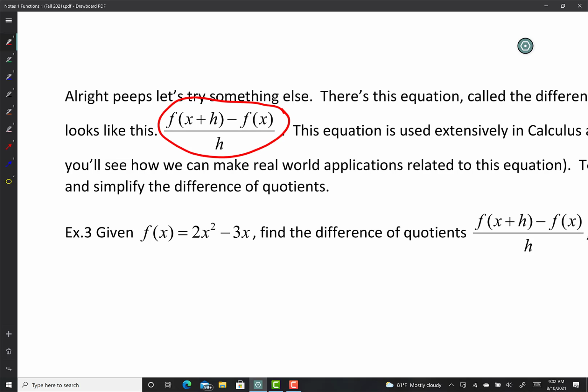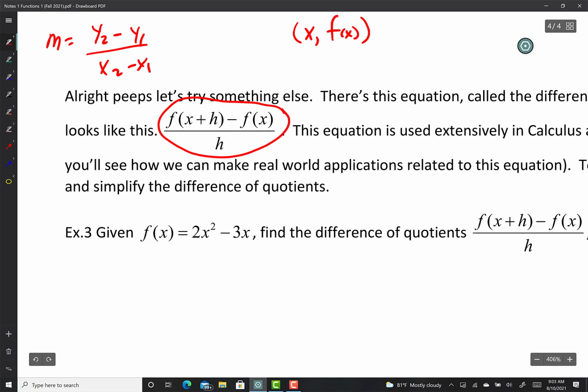When you took Algebra 1, they told you that slope is y2 minus y1 over x2 minus x1. Yes or no? Well, if I tell you that I have a point x comma f of x, and I have another point, and I'm going to call it x plus h comma f of x plus h, and you don't have to write this down, just listen, guys, so you can observe.